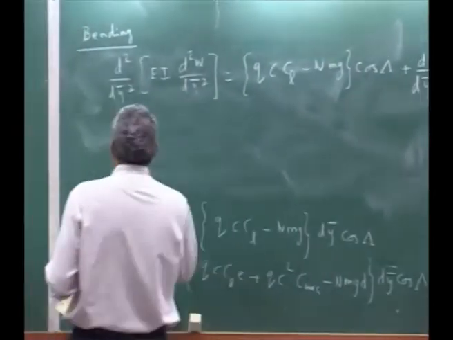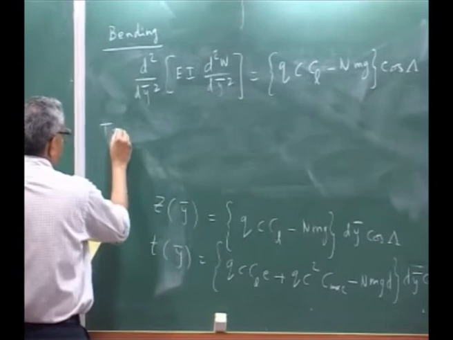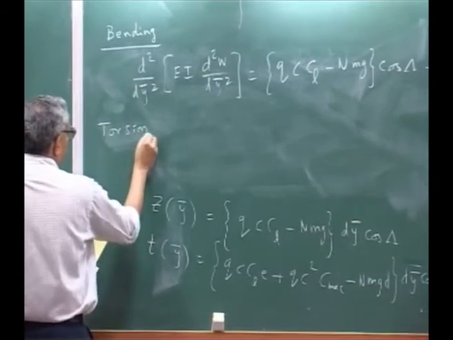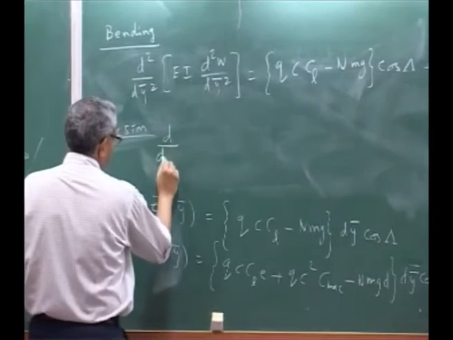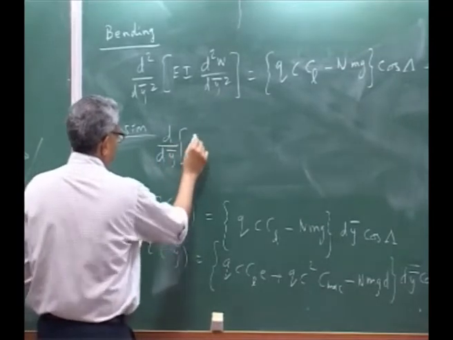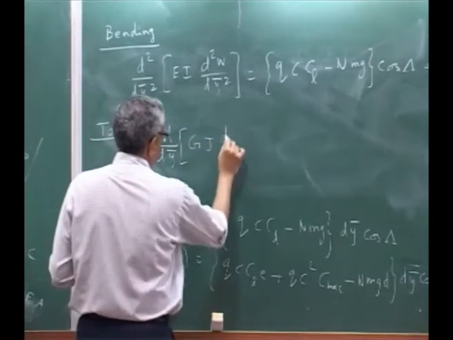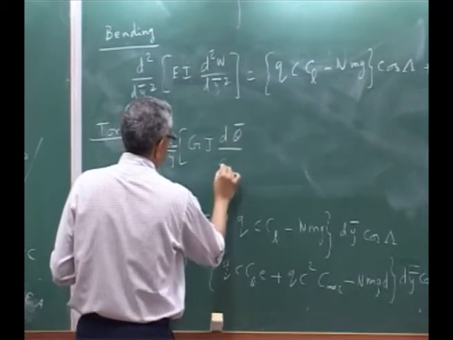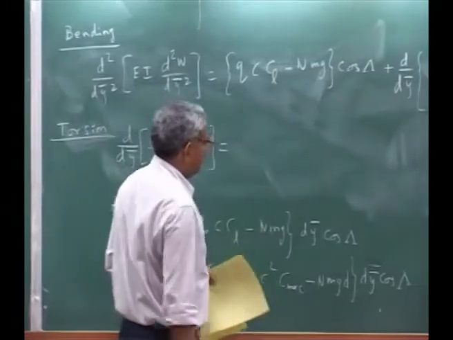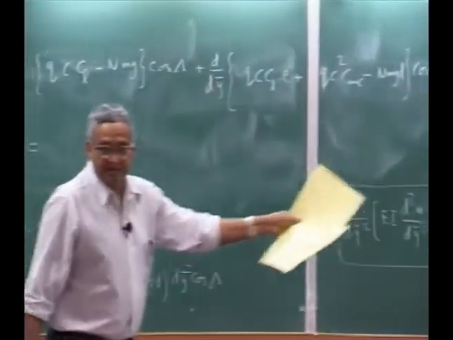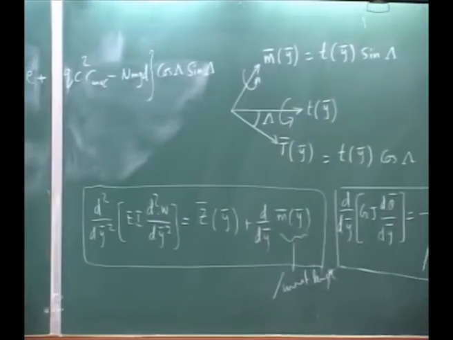And my torsion equation is d over d y bar of GJ d theta bar over this equals, that is minus t y bar. T is this.